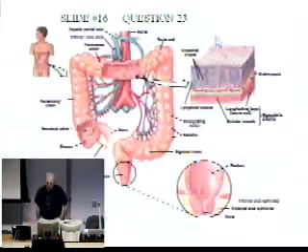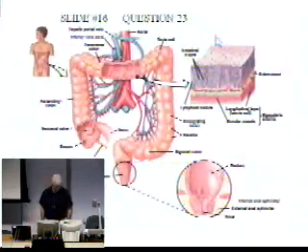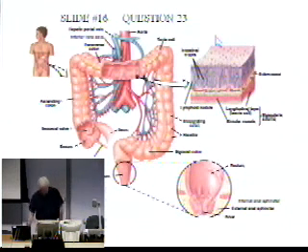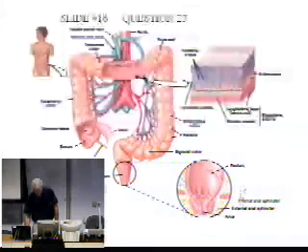And then finally, slide 16 for question 23. We see the entire length of the colon ending at the rectum, and the rectoanal junction is shown in higher magnification in the circle off to the right.